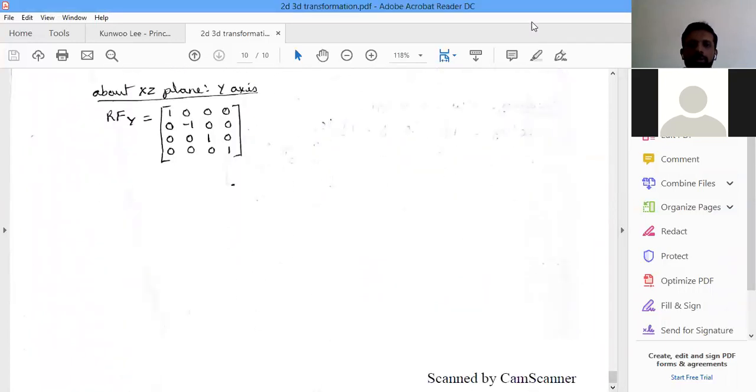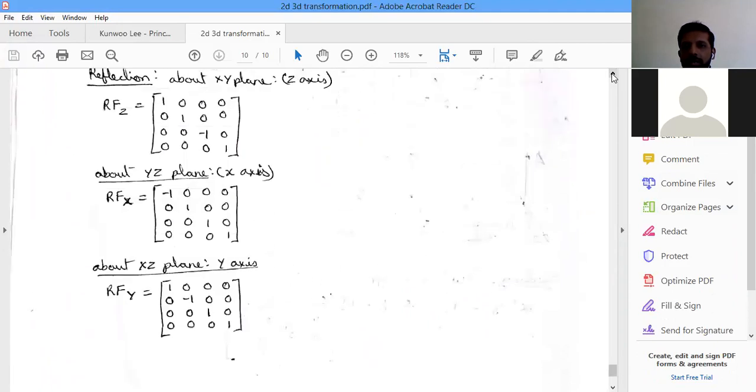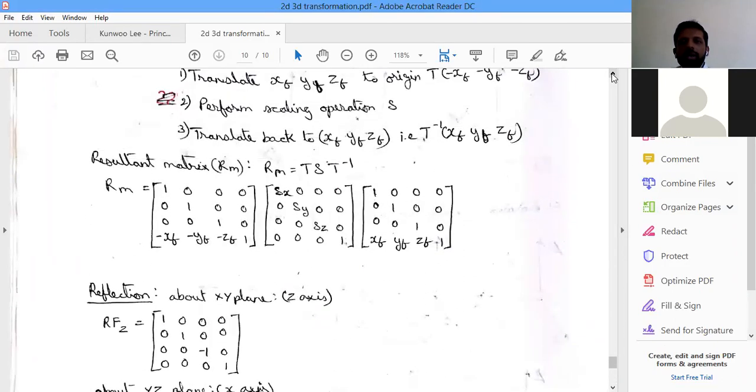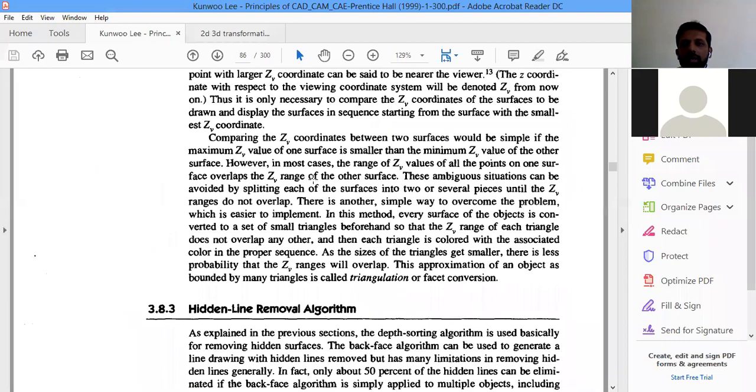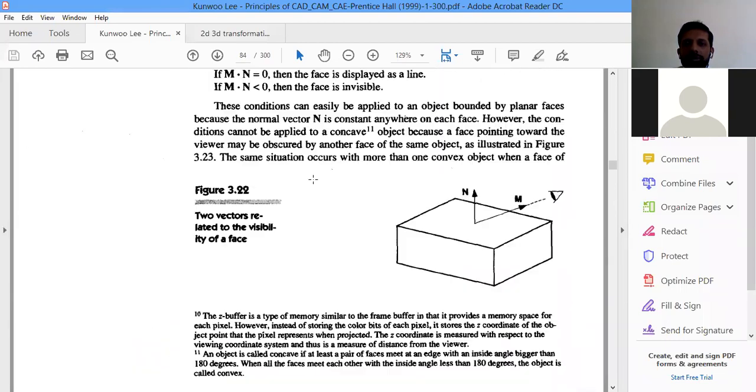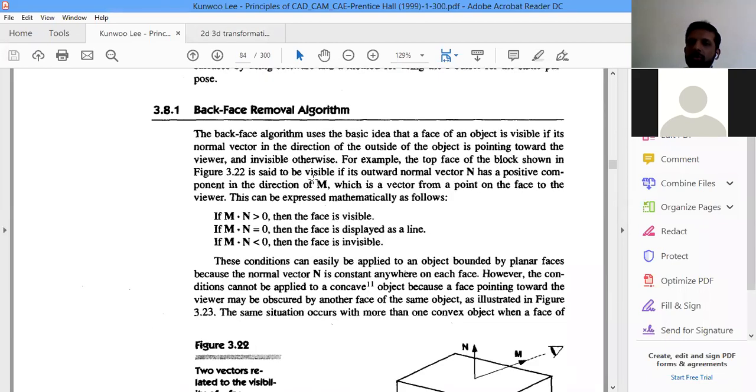We have to have this idea because some of these things are required for solving problems also, right? Next we'll go to the other topic, which is the back face removal algorithm.